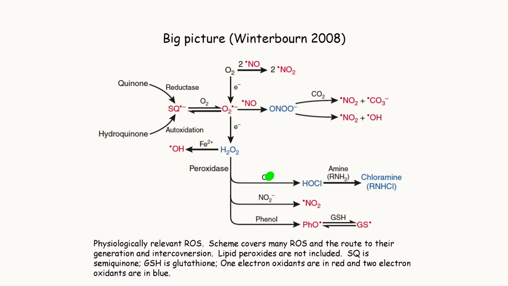Hydrogen peroxide with myeloperoxidase in the neutrophils forms hypochlorous acid, which can eventually chlorinate everything. It chlorinates amino acids, it chlorinates lipids, and can result in extensive damage to whatever hypochlorous acid is adjacent to. So this is where we're going to be focusing, this part of the scheme.